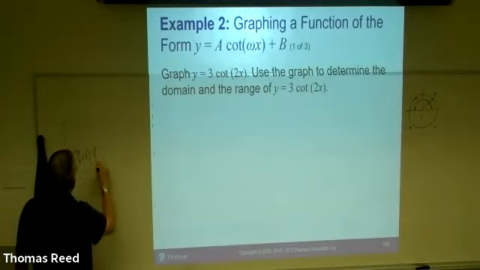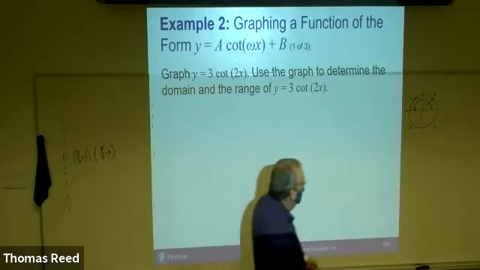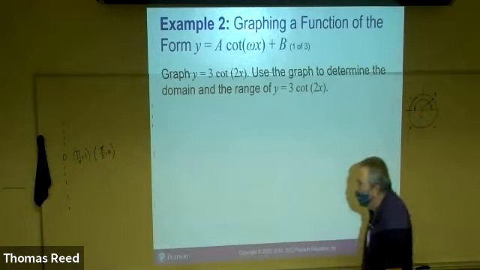And then at pi halves, cotangent is 0, because this point here is (0, 1), and it's x over y, so 0 over 1 is 0.